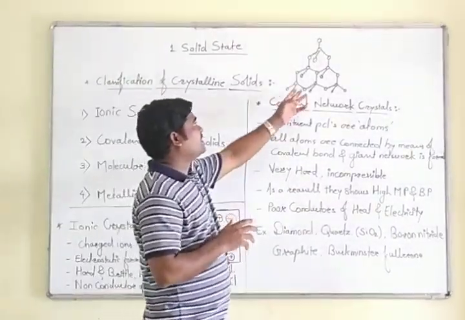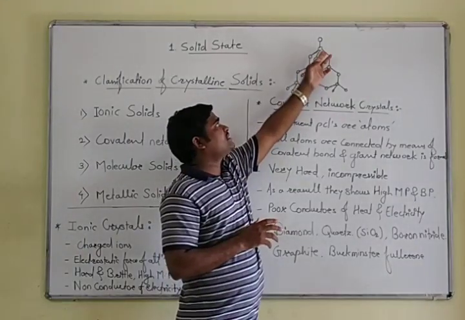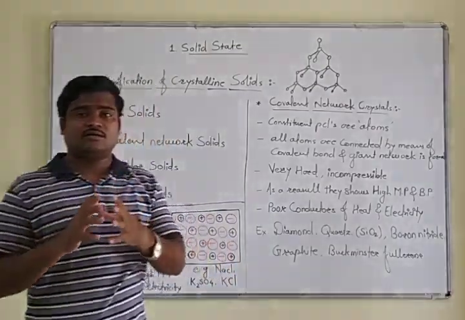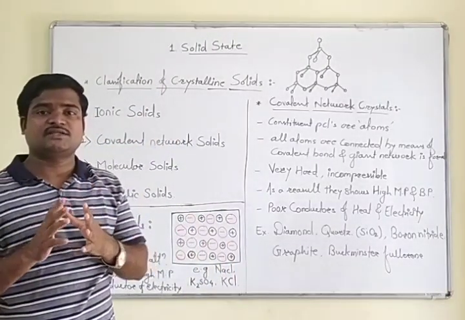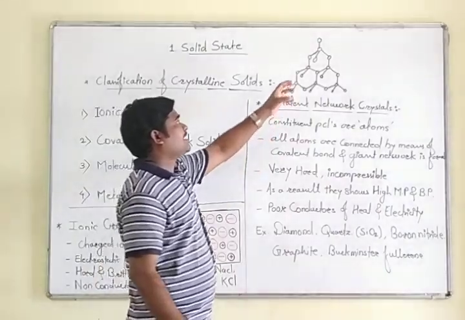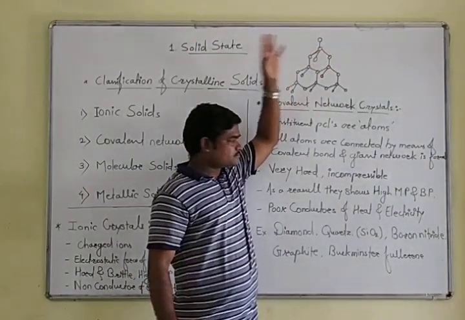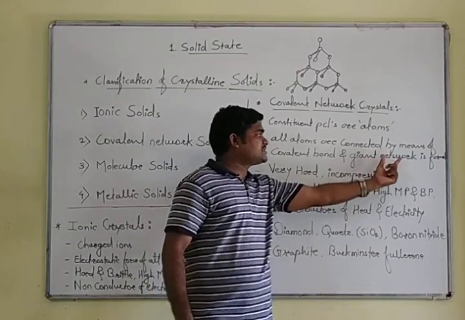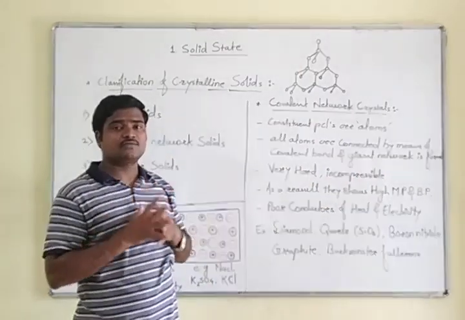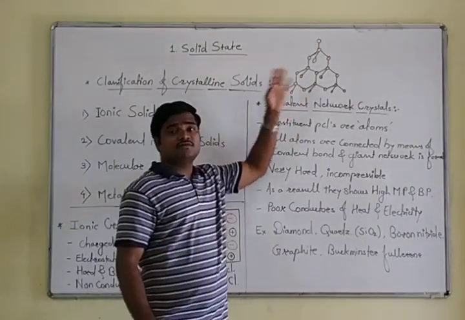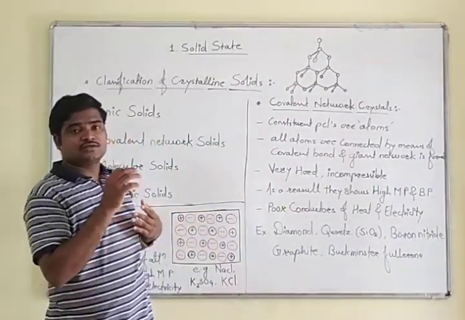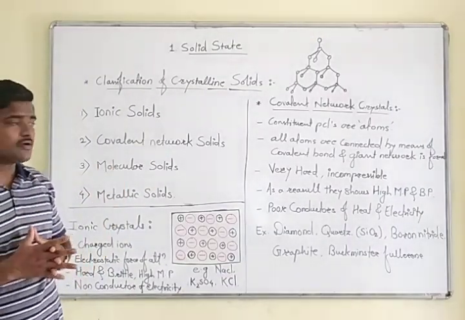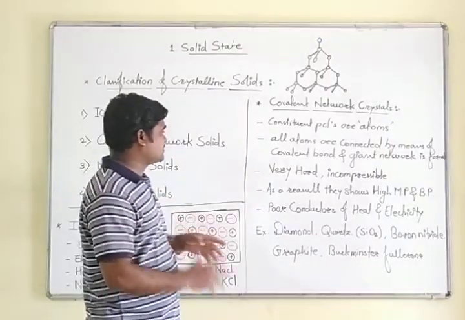You will notice that each carbon is connected with 4 other carbon atoms. Hence, the hybridization of carbon is sp3 and you will notice the tetrahedral structure here. So that's why we have stated that this is the giant network found in the case of diamond. Such a giant network is also present in other examples of covalent network crystals.